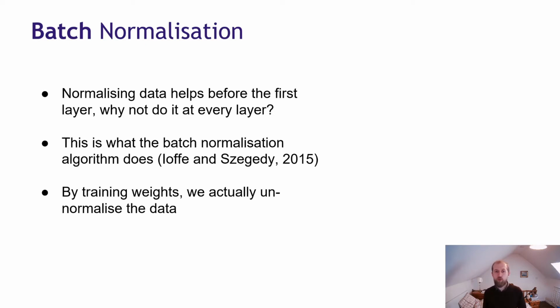So the idea is to re-normalize that data after each layer or after every second layer, however often you want to do it. It's up to you, it's a design choice. But the core concept here is that we want to renormalize the data because neural networks train more efficiently and converge faster when the dataset is normalized.